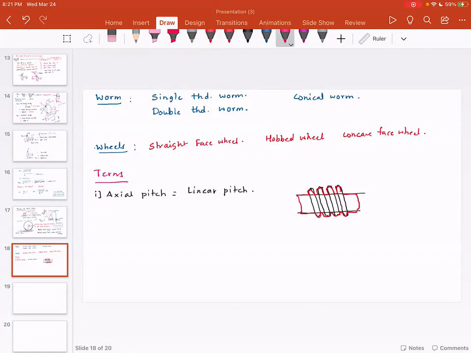And then the total length of the worm is going to be LW, which is the length of the worm. Then you are going to have axial pitch, which is PA. Then you will have the diameter of the worm.